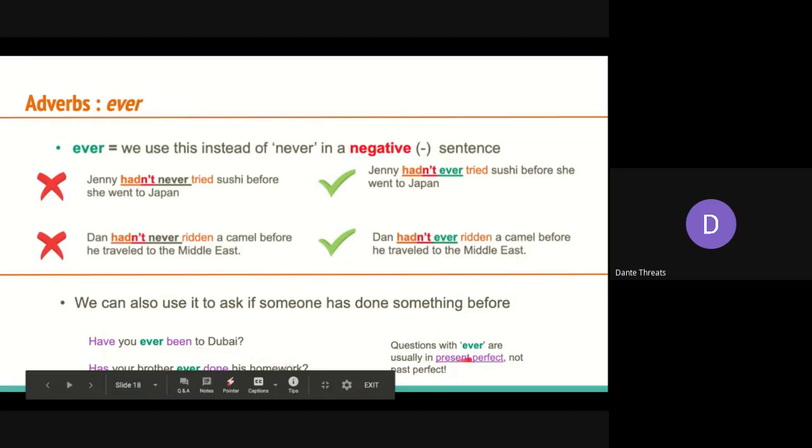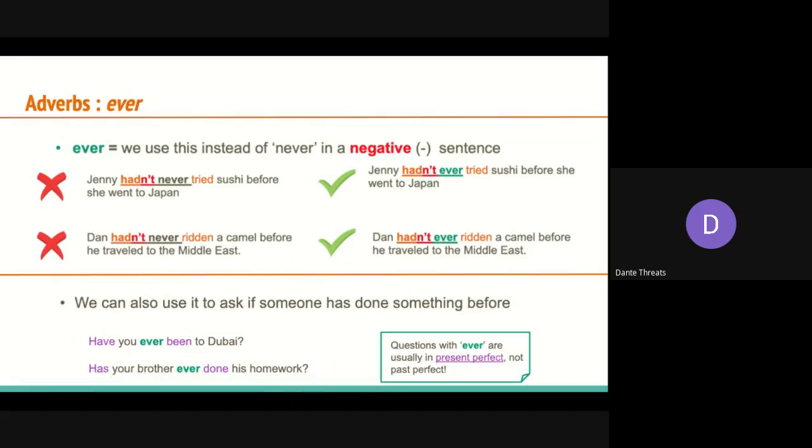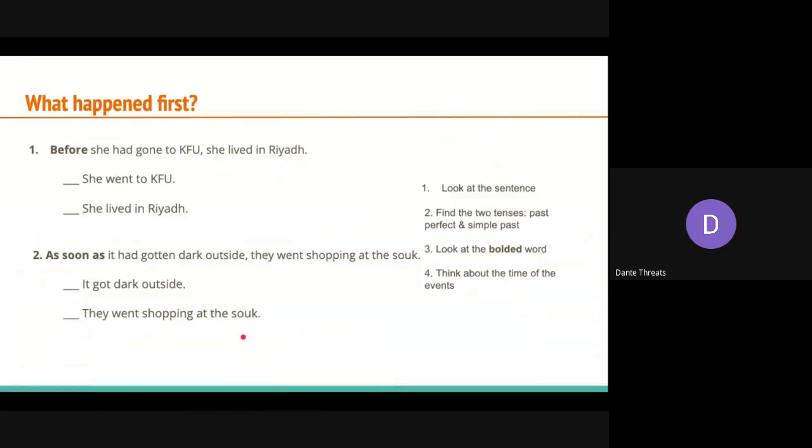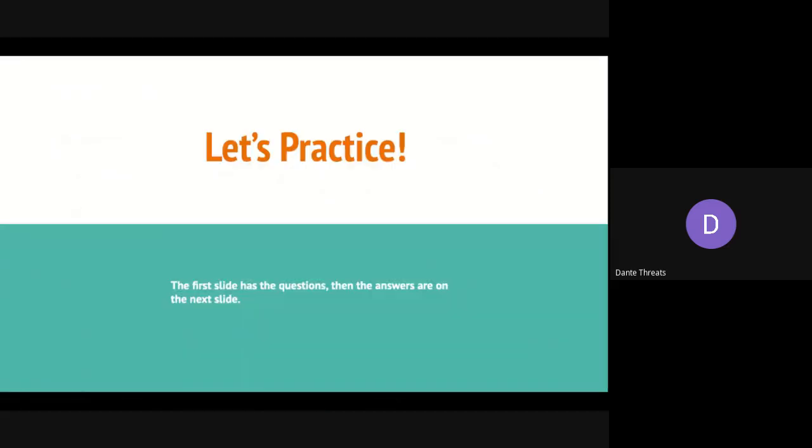Okay, present perfect would mean that there's "have" and a past participle. Have you ever been to Dubai? Has your brother ever done his homework? Okay, so the first slide has the questions and the answers are on the next slide.